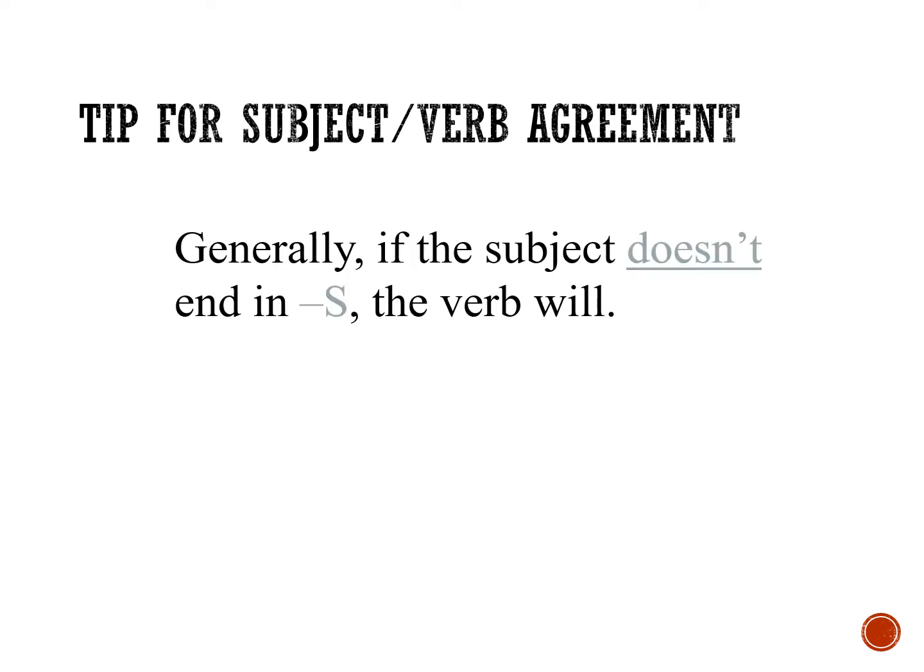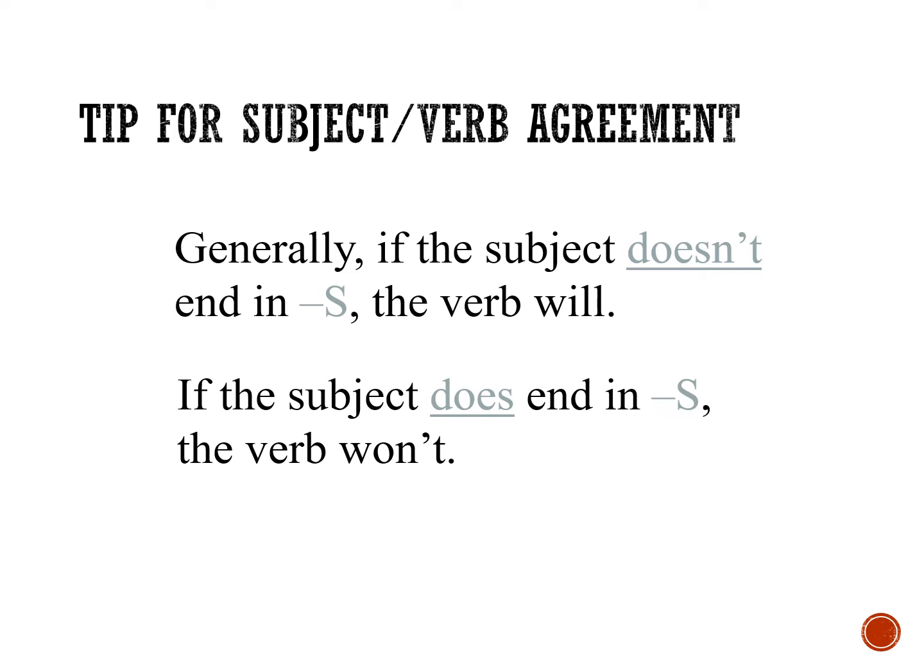Next, generally, if the subject doesn't end in s, the verb will. If the subject does end in s, the verb won't. Though the title of the presentation is subject-verb agreement, in fact, they disagree. Here is another example.